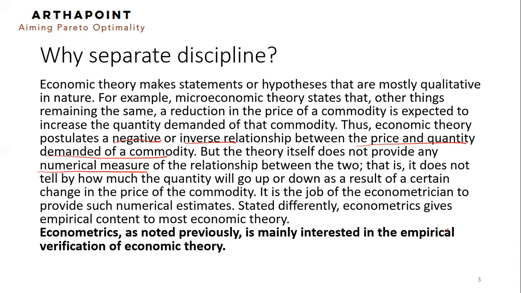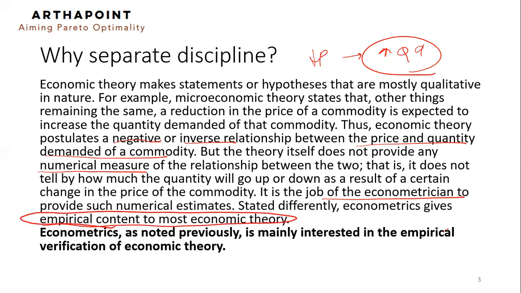It does not tell you, when you decrease the price, by what amount the quantity demanded will increase. That is the job of the econometrician. Econometrics will help you to give those numerical estimates. So econometrics gives empirical content to most economic theories. It is mainly interested in empirical verification of economic theory.